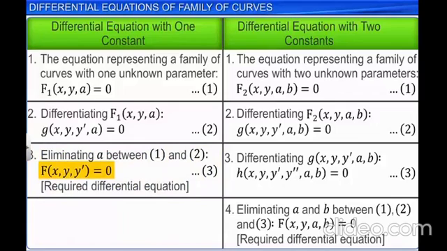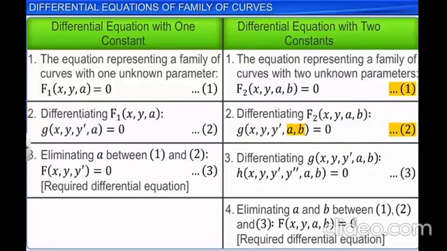Now, let us see how to form a differential equation that represents a family of curves with two unknown parameters. Let's take an equation as shown. Here, a and b are the unknown parameters. First, differentiate equation 1 to obtain equation 2. Since there are two unknown parameters, a and b, two equations, 1 and 2, are not sufficient to eliminate them.